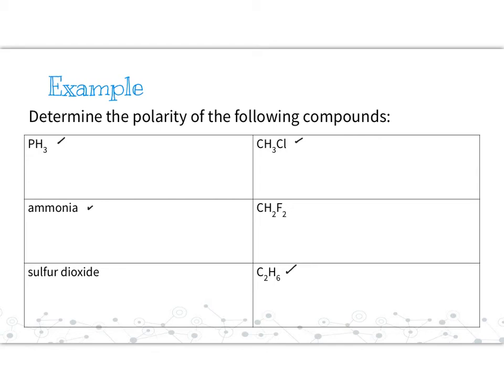I'm just going to hustle through these. Maybe go ahead and draw your Lewis dot diagrams, and you can double back on these if you need the practice. So we have PH3 and CH3Cl. I didn't really give myself a lot of room here. The last one is C2H6.